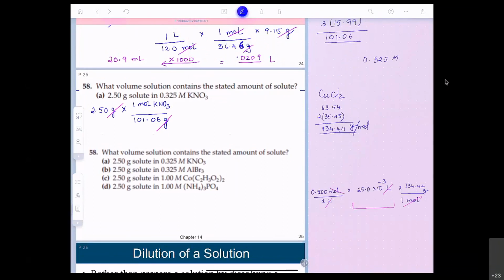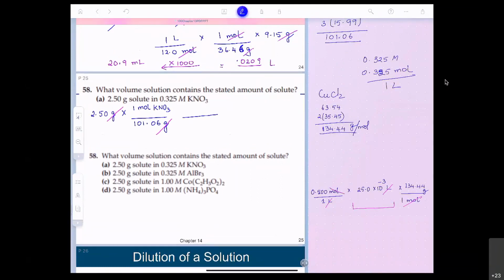What that means is 0.325 moles in 1 liter. So what I want to do is I want to have 1 liter on the top. I want to have 0.325 mole on the bottom, right? Makes sense because this way what you can do is cancel out the moles and your answer will be in liters. So this time I started with grams.